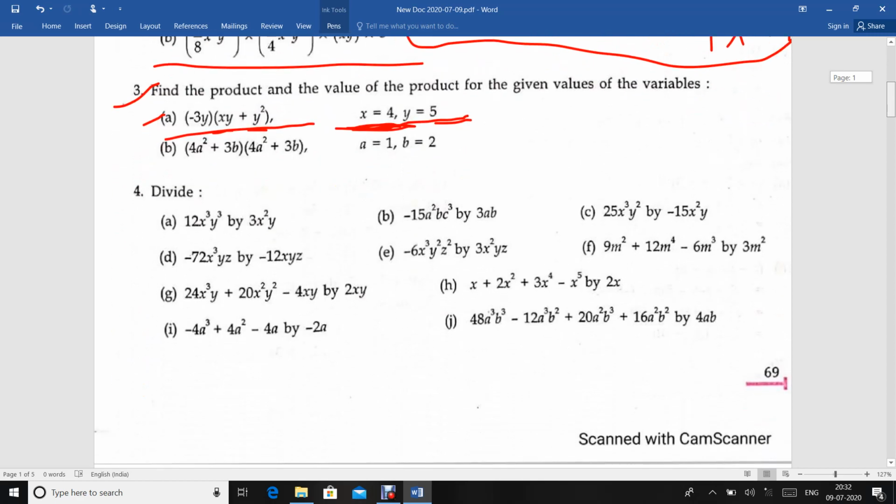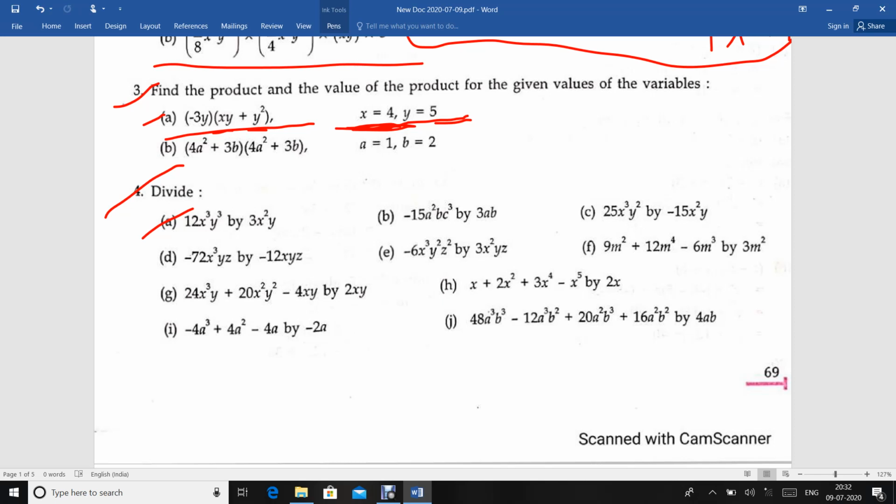The next topic is divide, and here is question number 4 related to divide. The first part is 12x raised to power 3 y raised to power 3 by 3x square y. Before solving the question, I want to remind you that there was a property in powers and exponents, that for a division, if the bases are the same, then the powers will be subtracted.